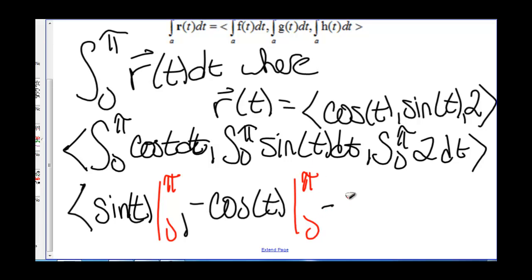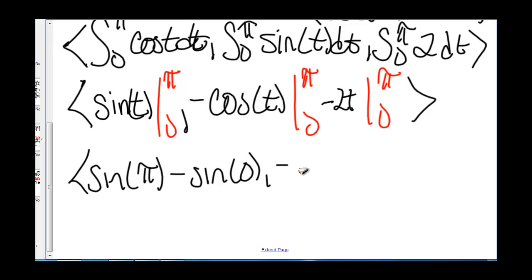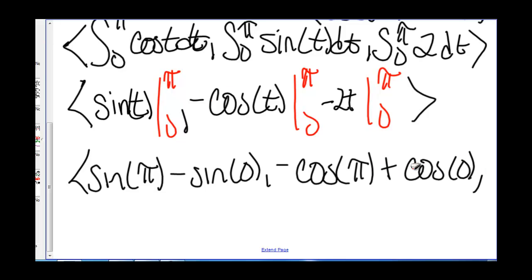Integral of 2 is 2t, evaluated from 0 to pi. So we have sine of pi minus sine of 0, negative cosine of pi, minus minus, so plus cosine of 0, and then 2 times pi minus 2 times 0.